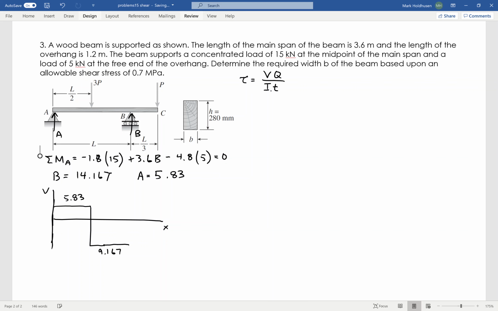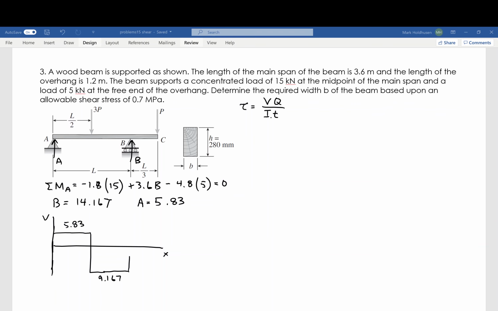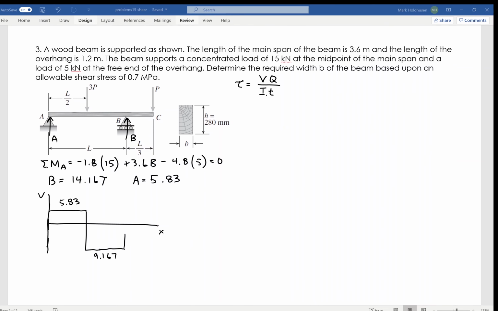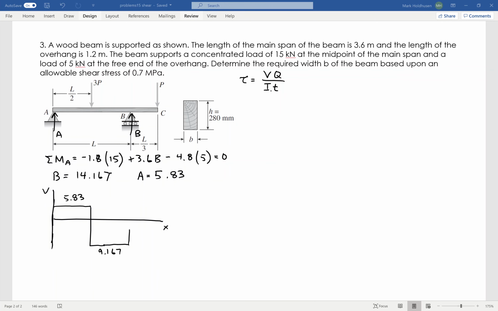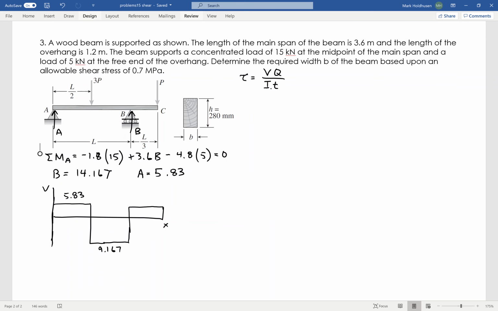Come back here, and at B it pushes it up the 14.167, which pushes it back up above at about 5, which it comes over and back down 5.